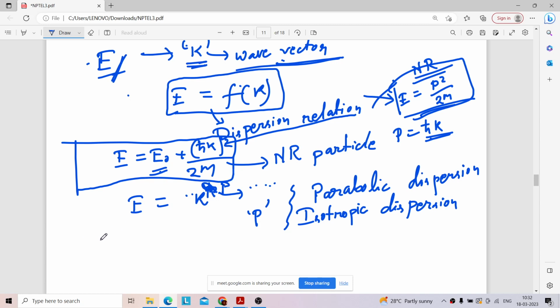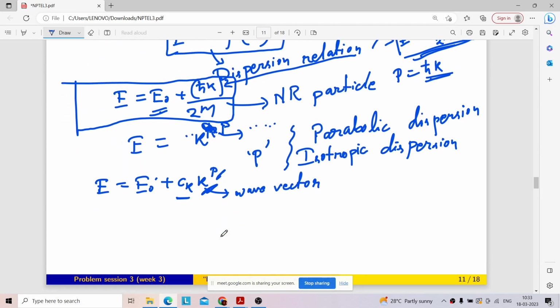So I can write generally the dispersion relation as E equal to E0 plus C k to the power p, where C is a coupling constant, k is my wave vector and p is my dispersion parameter. Right.